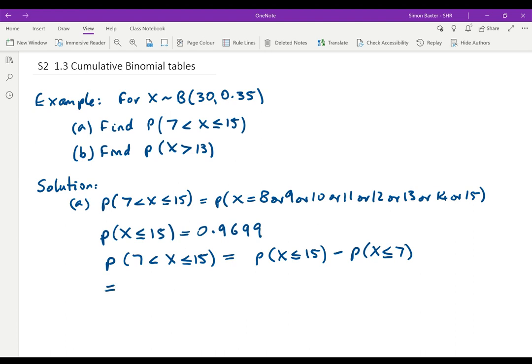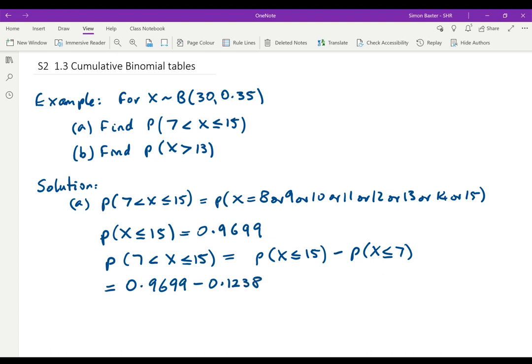This is now equal to the probability X less than or equal to 15, which we've just done, 0.9699. If we go back to the tables and look in n is 30, p is 0.35, go down to the row of 7, we find the number 0.1238.